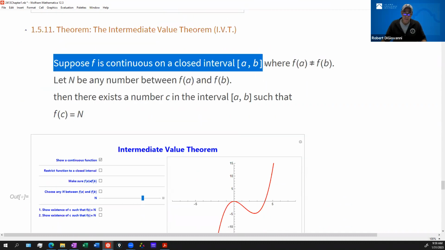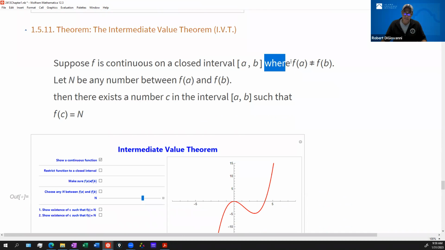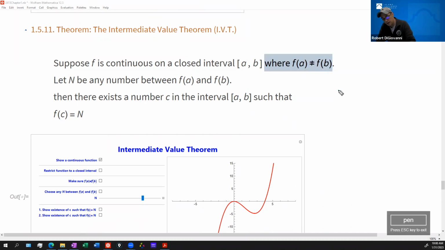Now it says we also have f of a is not equal to f of b. So I'm going to draw that for you on the side. I've got this function. It's defined between some value a and some value b. Whatever the value is at a, it is not equal to the value at b.